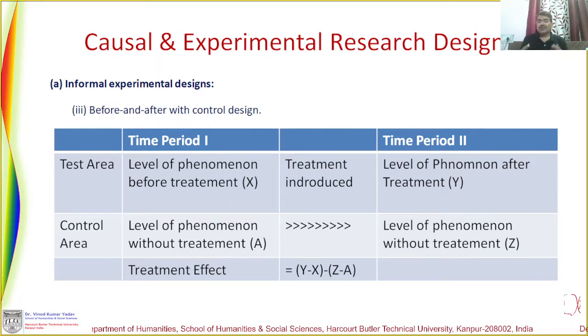So there are many examples where you are being part of any informal experimental research. Maybe you are studied before and after with the control design, maybe after only with control design, or maybe without control design. So these three are basically life events.